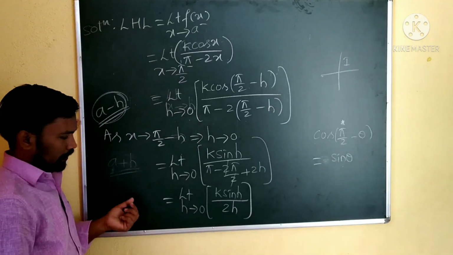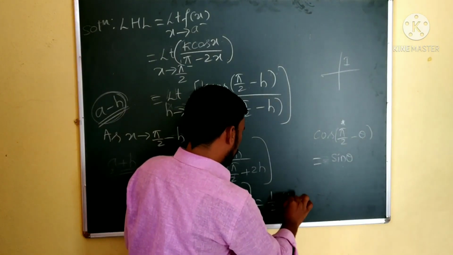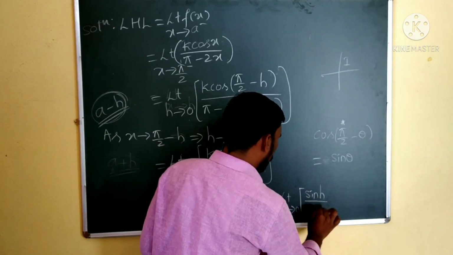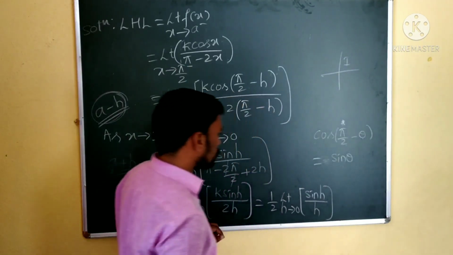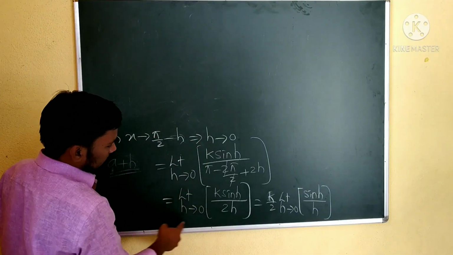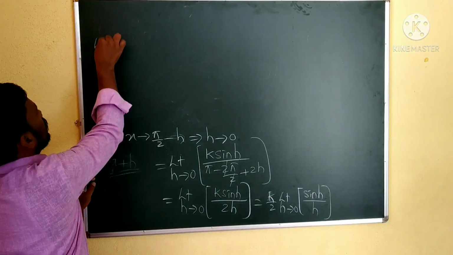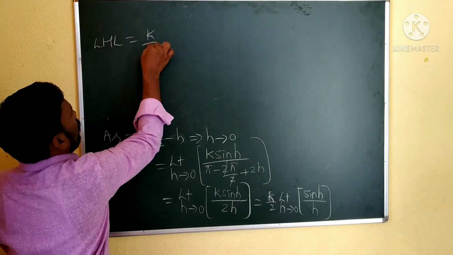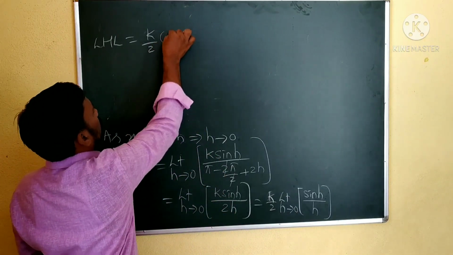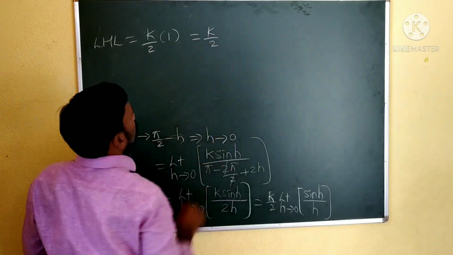Now 2 is a constant, you can write it outside the limit, so that is equal to half into limit as h tending to 0 of sin h by h. Taking k by 2 outside the limit, LHL is equal to k by 2 into the limit of sin h by h as h tending to 0, which is nothing but 1. So that is equal to k by 2. This is the left hand limit value.